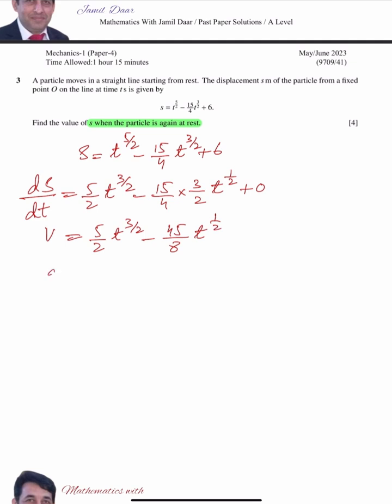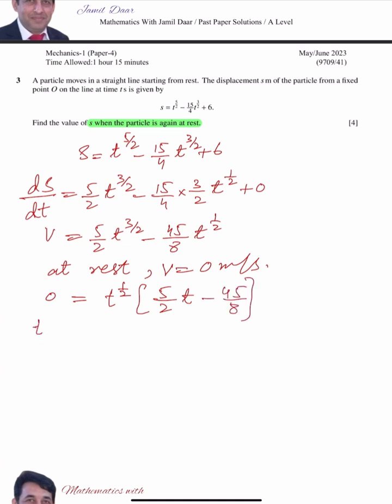And you know, at rest means at rest, v is equal to 0 meter per second. So 0 is equal to, taking t raised to the power of 1 by 2 as common, 5 over 2t minus 45 over 8.